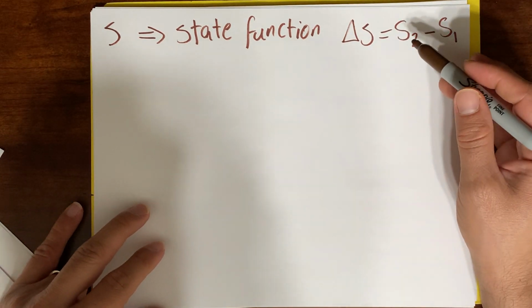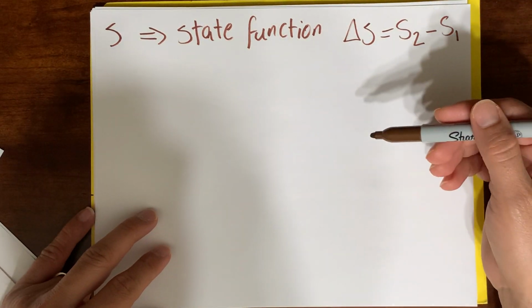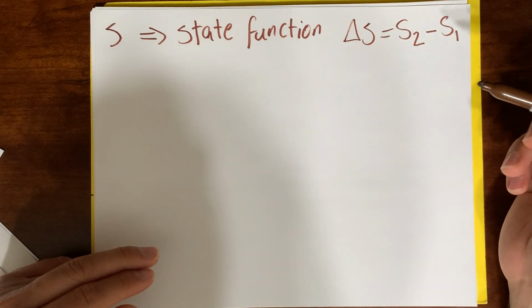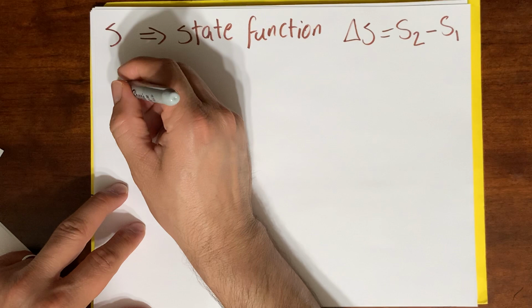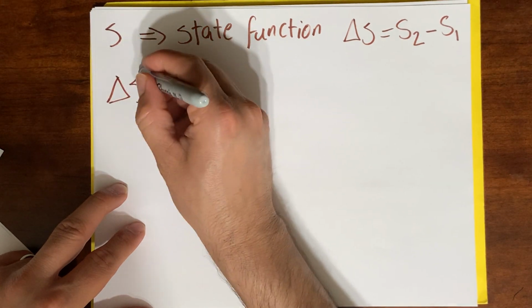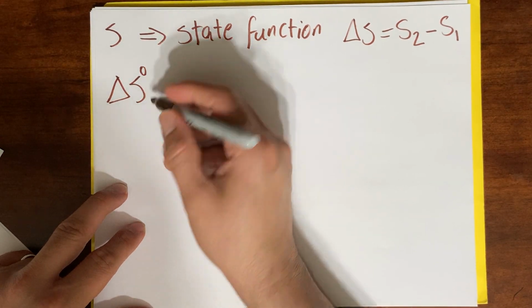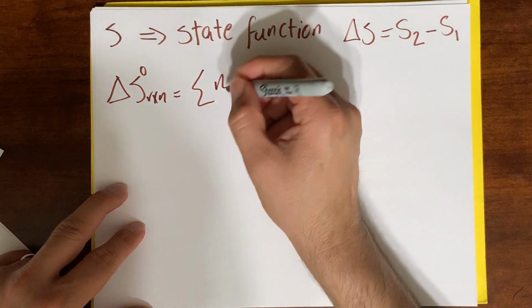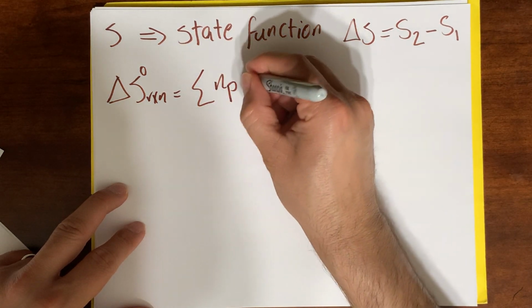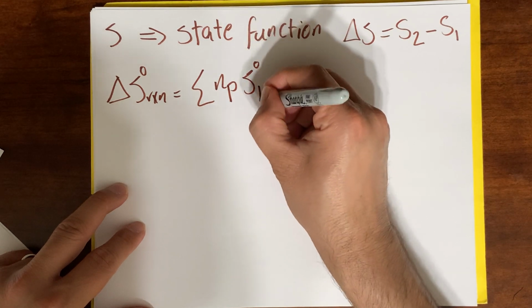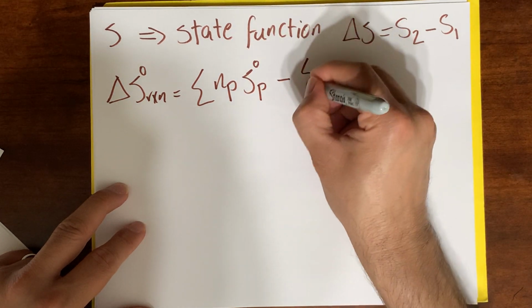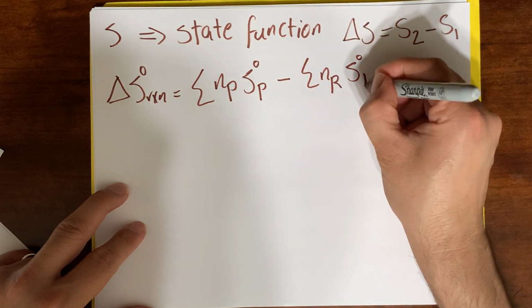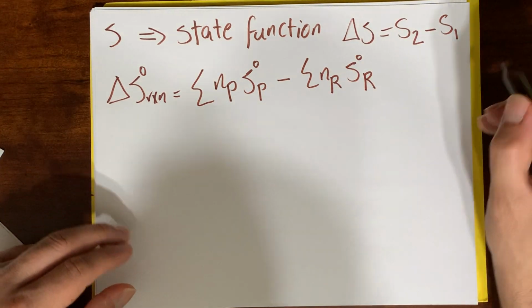I need to know entropy of the product and entropy of the reactant. I will subtract them, and that will give me the change in entropy. So change in entropy under standard condition for any reaction is equal to number of moles of the product multiplied by entropy of the product, minus number of moles of the reactant multiplied by entropy of the reactant under standard condition.